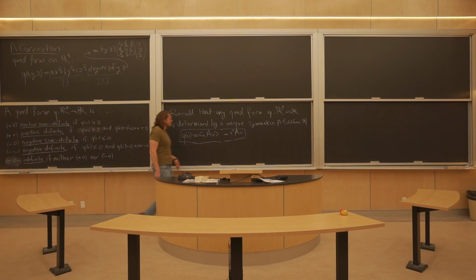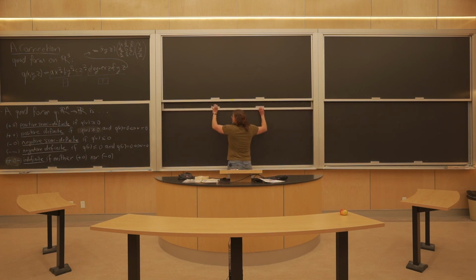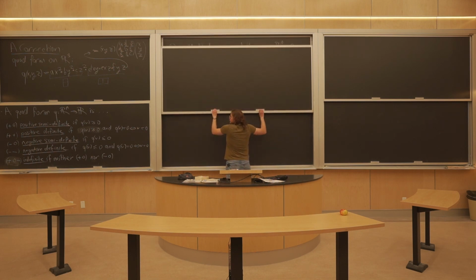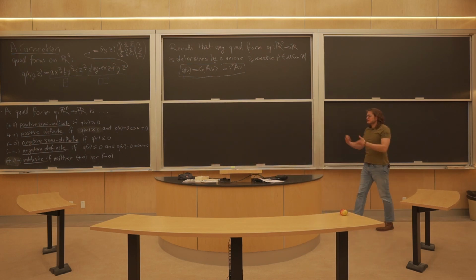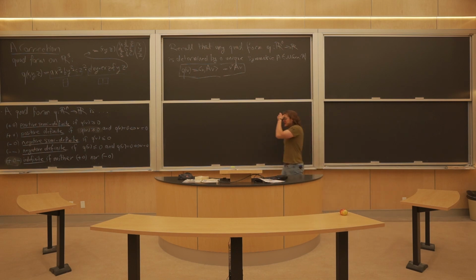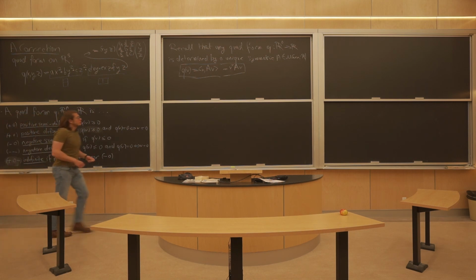So what are examples? Of course, the quadratic form defined by the standard inner product is positive definite, right? Because the quadratic form defined by the standard inner product is nothing but norm squared.